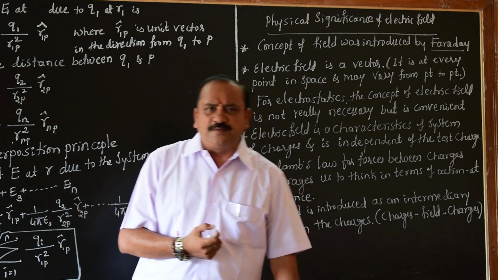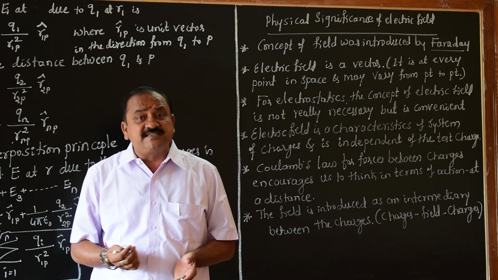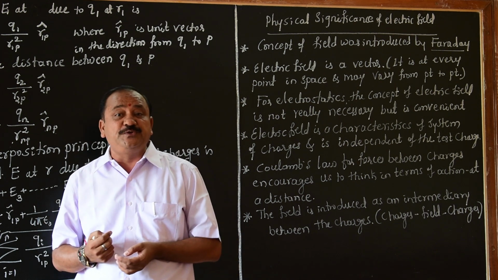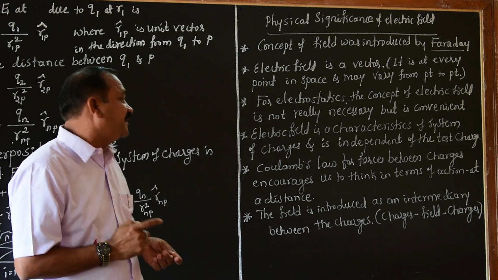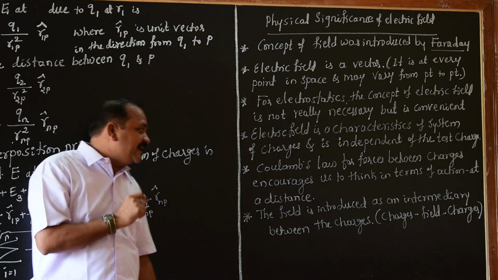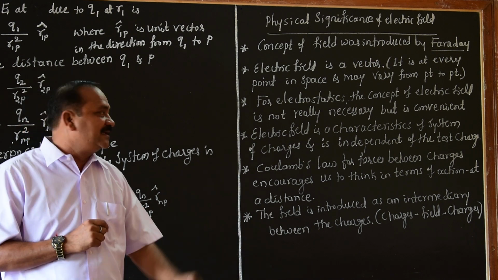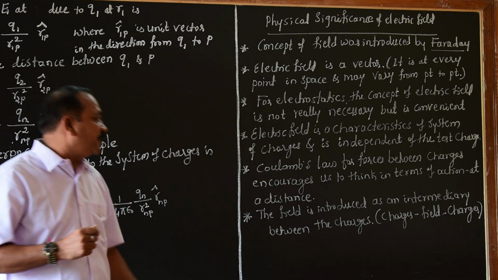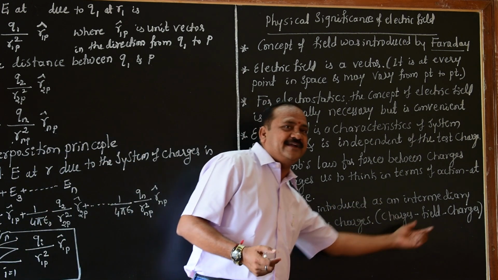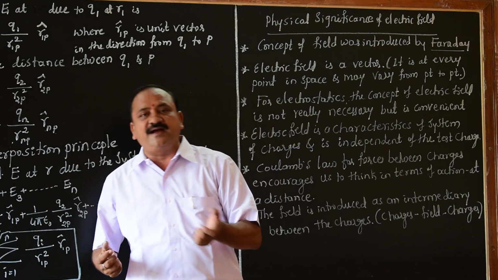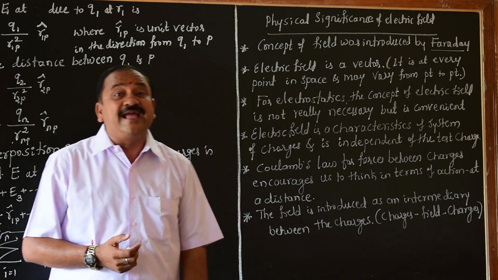Coulomb's law is often used to derive the explanation of the electric field concept. The field is introduced as an intermediary between the charges.